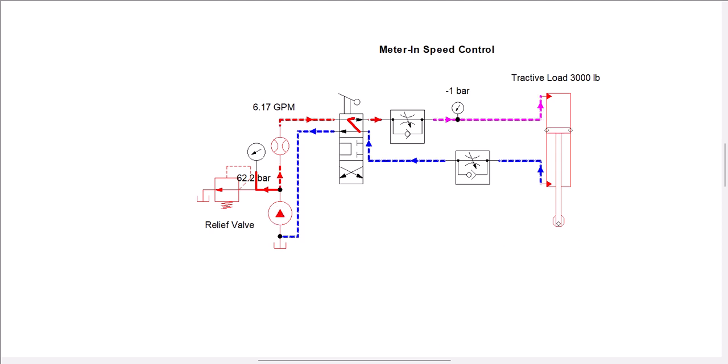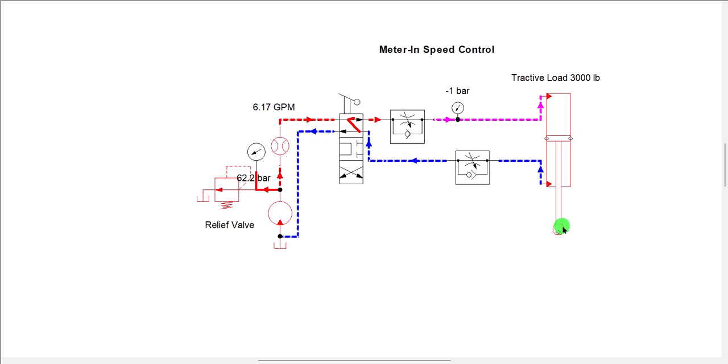I'm going to slow down the speed a little bit to stop and explain for a moment what is actually happening here. So during extension using a meter in connection such as this one, this FCV will try to control how fast this thing descends.